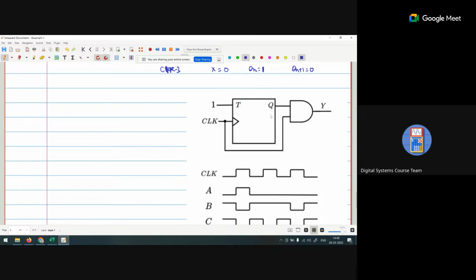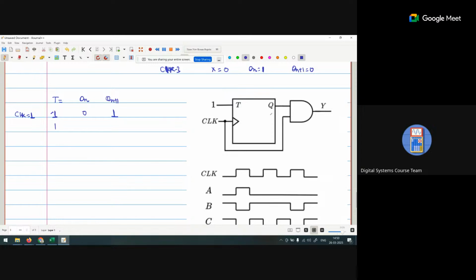Now T is always 1. Like we are considering the clock is 1. So when T is 1, consider Qn is 0. So Qn plus 1 is what? 1.